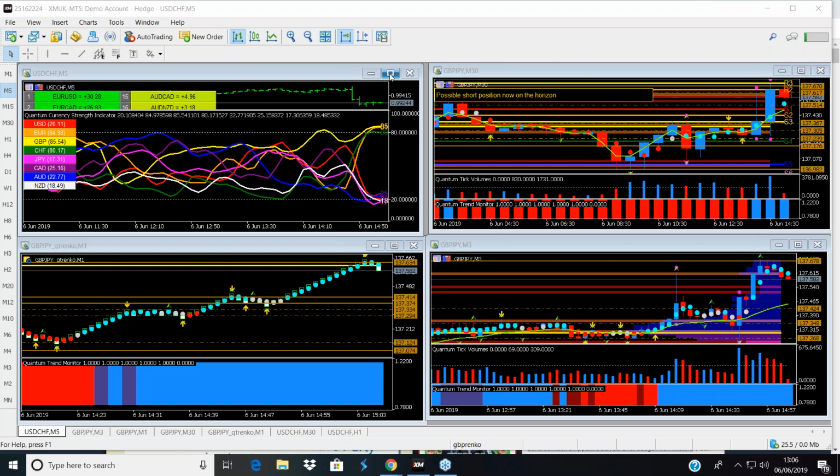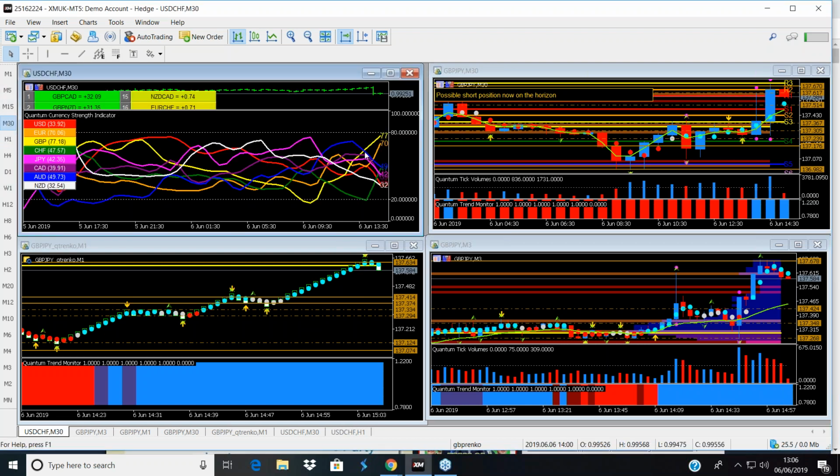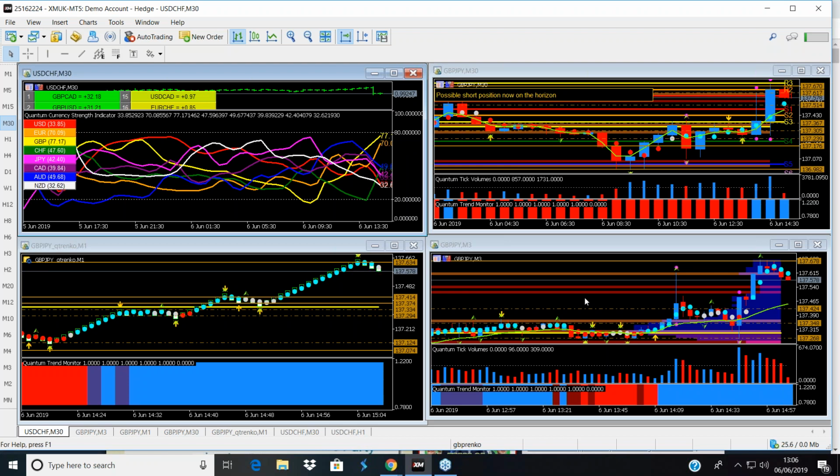Right. Very, very quickly, well, let me just quickly run through this. In fact, what I'll do is I'm going to leave this. This is the pound yen, and as I said, the workspace that I have put together as a way of using multiple time frames, the CSI, and also the Renko chart with a time chart for finding trading opportunities.